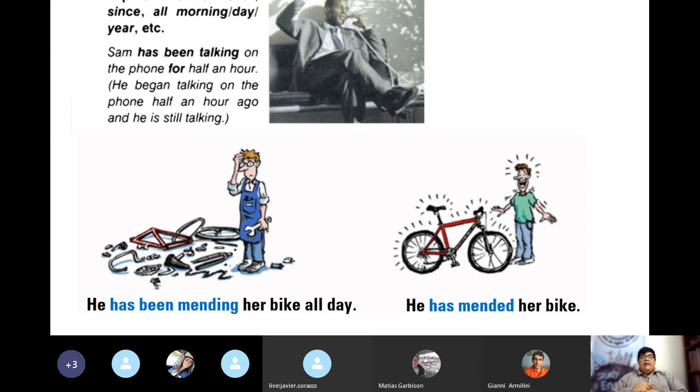He has been mending his bike all day. And in the second one, I put emphasis on the result. He has mended his bike is the correct one. He has been mending his bike all day. That is present perfect continuous, and we put emphasis on the duration of the action. And in the second one, I put emphasis on the result, okay?